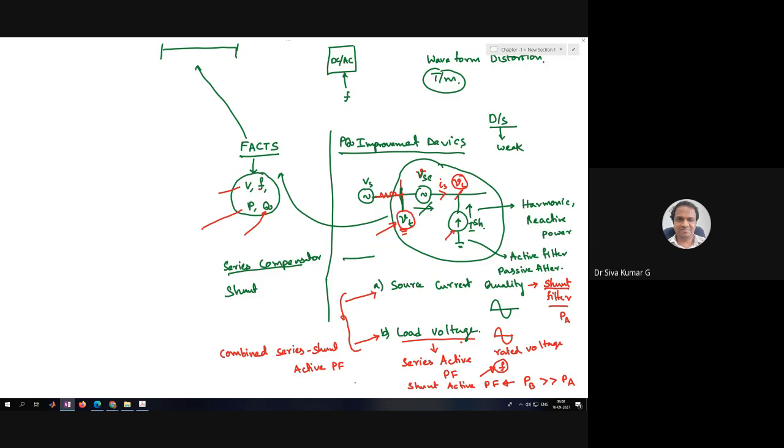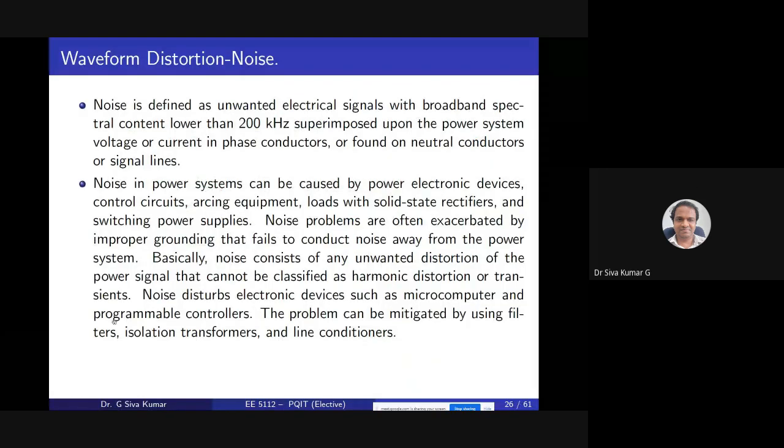In power quality improvement devices, in some cases the modulating signal is not at the fundamental frequency. Let us go through the comparison. You will find a lot of differences between FACTS devices and power quality improvement devices. Yeah, this is about the waveform distortion.